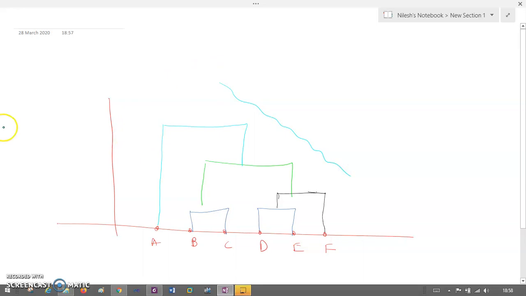So this is the thing that we had seen. This particular thing is known as a dendrogram. I hope you understand the agglomerative technique.